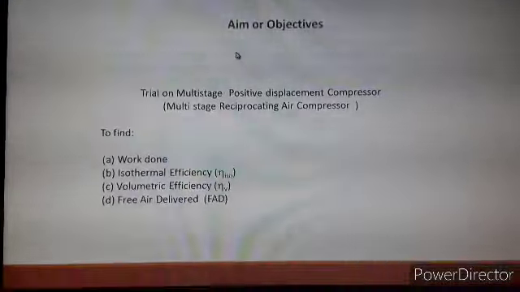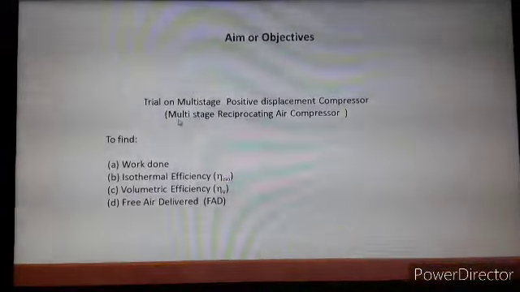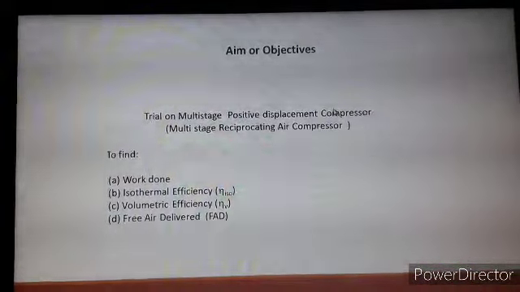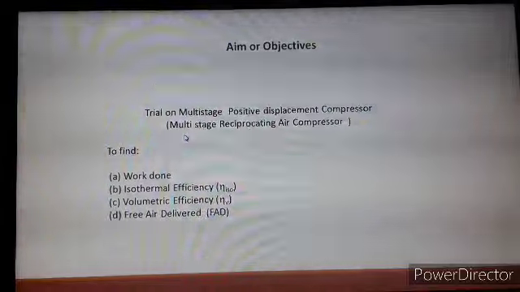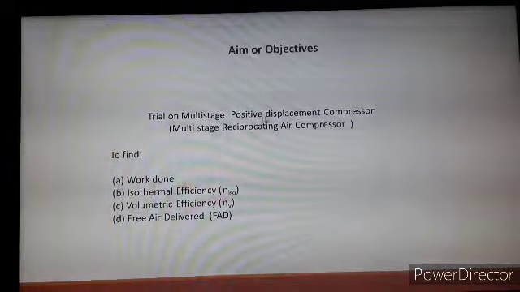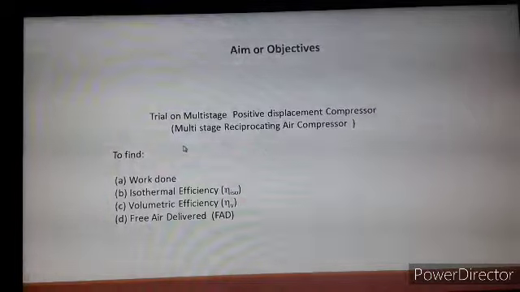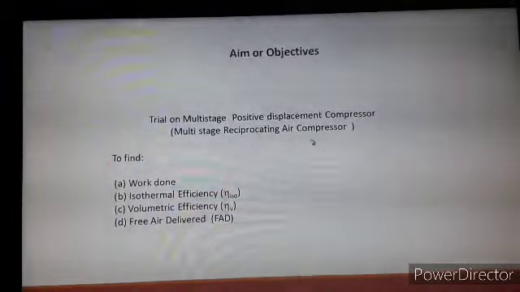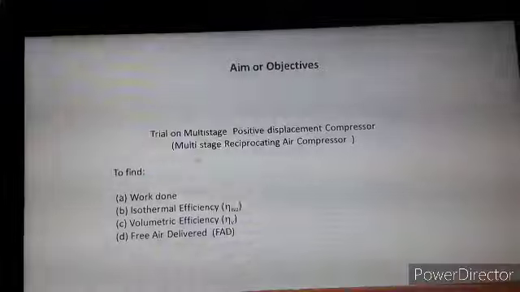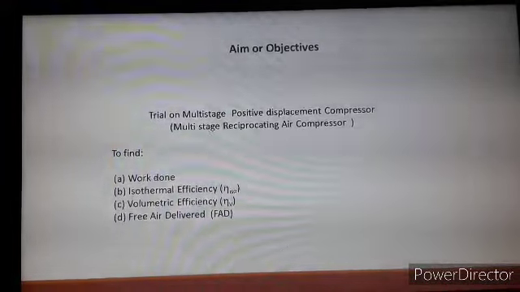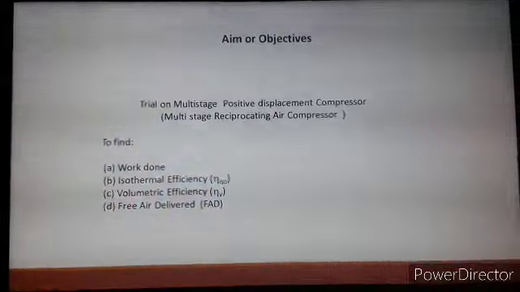So this is the aim of today's experiment. We have to conduct a trial on multi-stage positive displacement compressor. Here we have the positive displacement compressor as reciprocating compressor. That's why we'll conduct the trial on multi-stage reciprocating compressor. So we know what a multi-stage reciprocating air compressor is. In a multi-stage reciprocating air compressor, we use more than one cylinder.